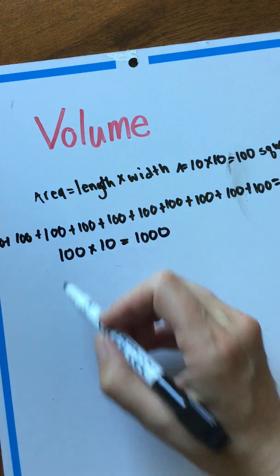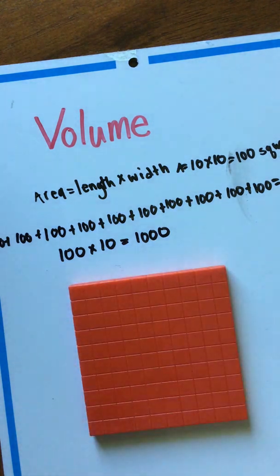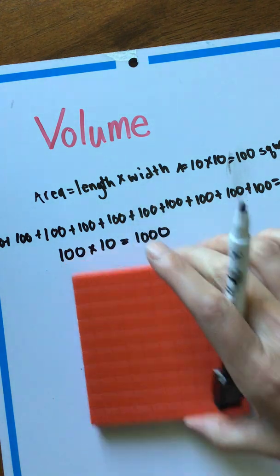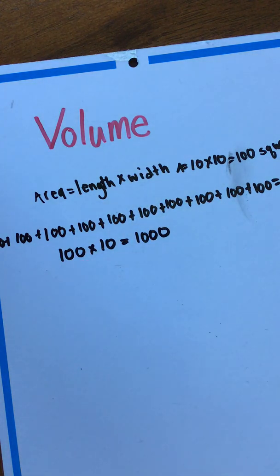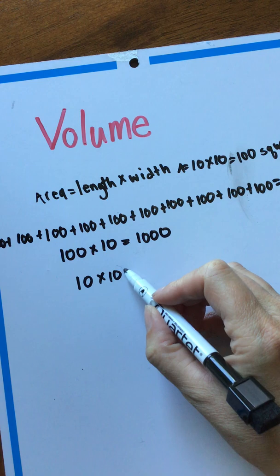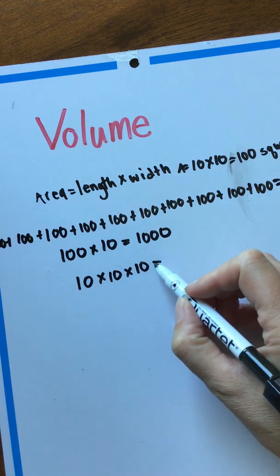Okay, now we know this 100 came from the two sides of this square. So it was really 10 times 10. So we're saying that this 1,000 cubes here really came from 10 times 10 times 10.